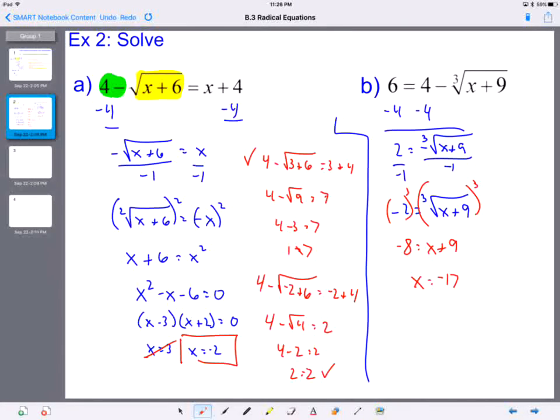And once again, to plug that back in and check, we get 6 equals 4 minus the cube root of negative 17 plus 9. So 6 is equal to 4 minus the cube root of negative 8.